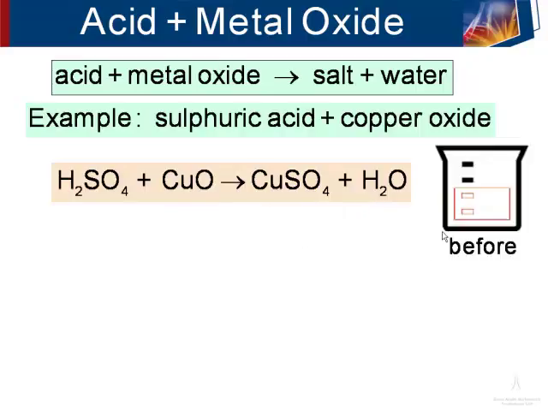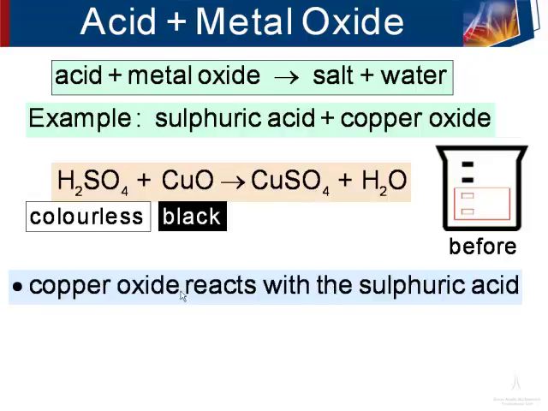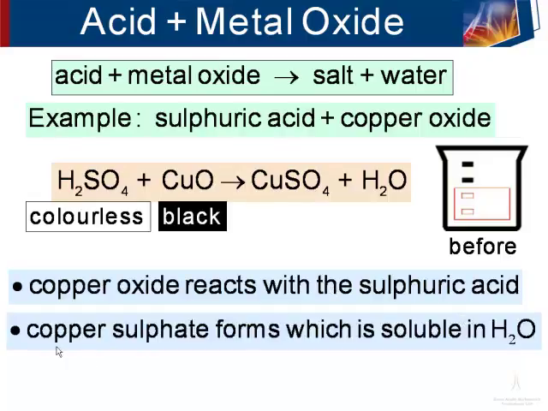And if that's our beaker in which the reaction is taking place, we have the acid, which is colorless, and then we add the copper oxide or the metal oxide. In this case, it's black. But when the reaction continues, we notice that when the copper oxide reacts with the sulfuric acid, we form copper sulfate, which is blue in color.